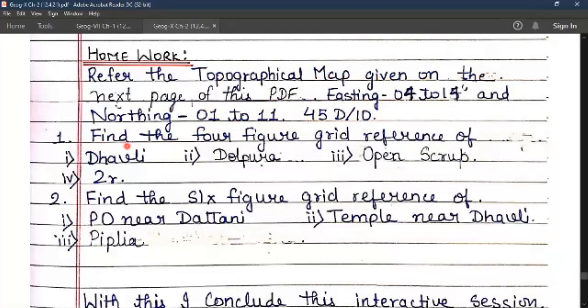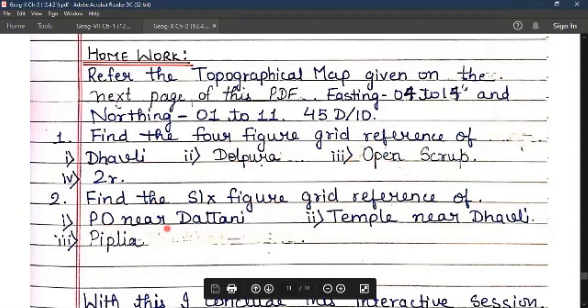Your first question is find the four-figure grid reference of number 1 Dhabli, Dholpura, Open Scrub and 2R. And the second question is find the six-figure grid reference of the post office near the Tani, temple near Dhabli and Piplia.